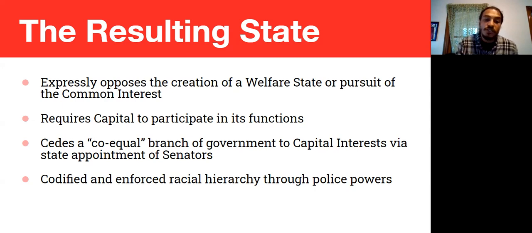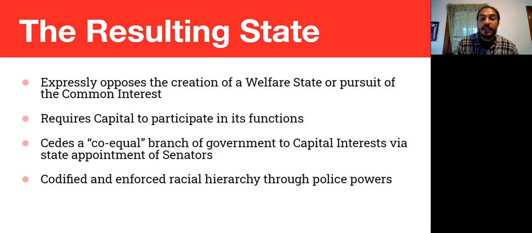And then it also ceded a co-equal branch of government directly to capital interests. That's through the appointment of your federal senators by your state itself. The entire point of this, when they were drafting the Constitution, was that the Senate must be the deliberative body and therefore must be beholden to the interests of the state, which meant the large landholders of the state.